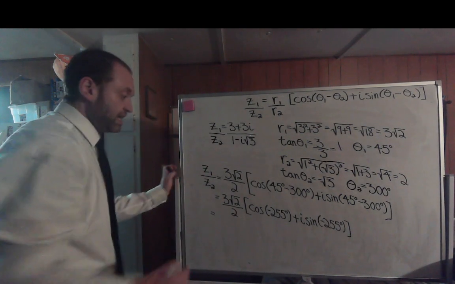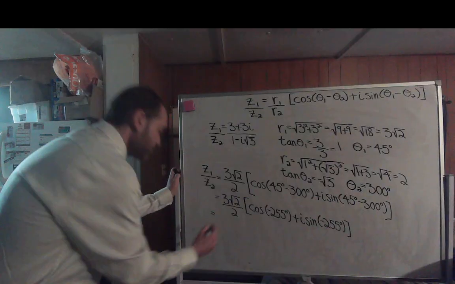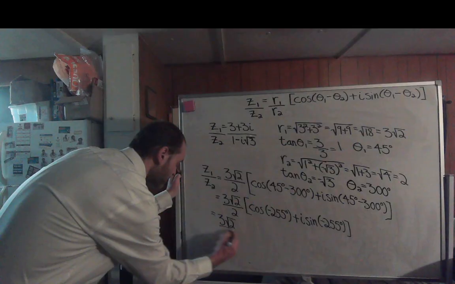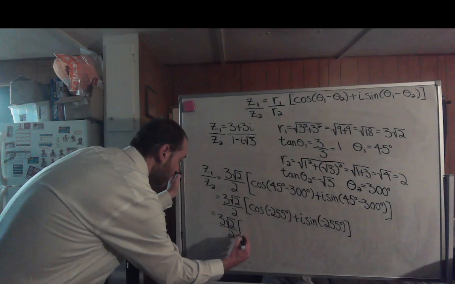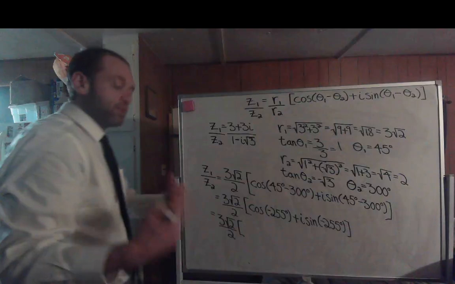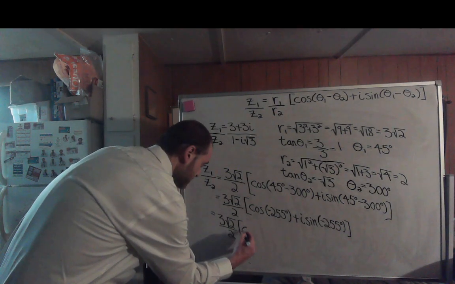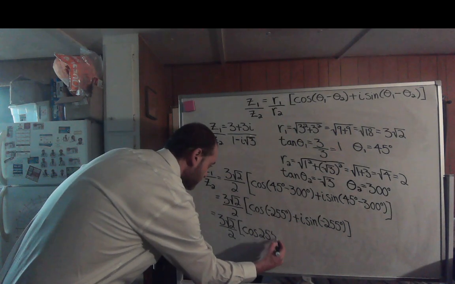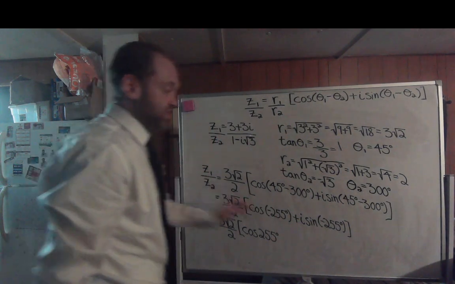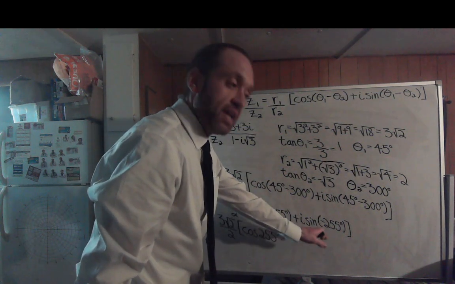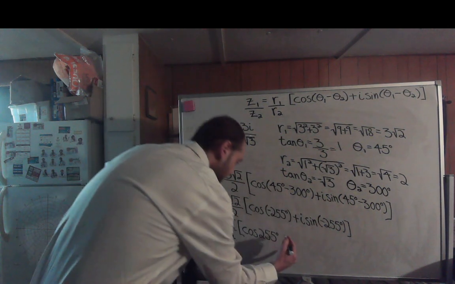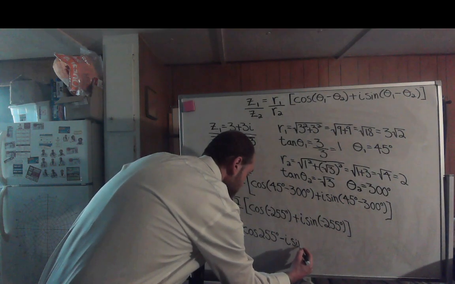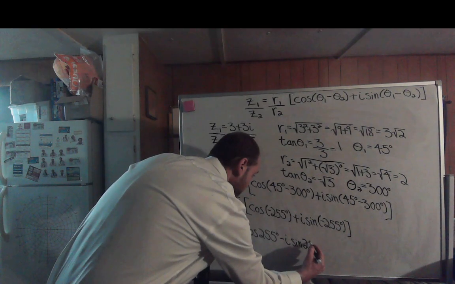Well, we have even and odd properties for functions. This would actually turn into 3 times the square root of 2 over 2. Well, the cosine of a negative angle is the same as the cosine of the positive of that angle. So this would be the cosine of 255 degrees. And then the sine of a negative angle is the negative of the sine of the positive angle. So that'd be minus i times the sine of 255 degrees.